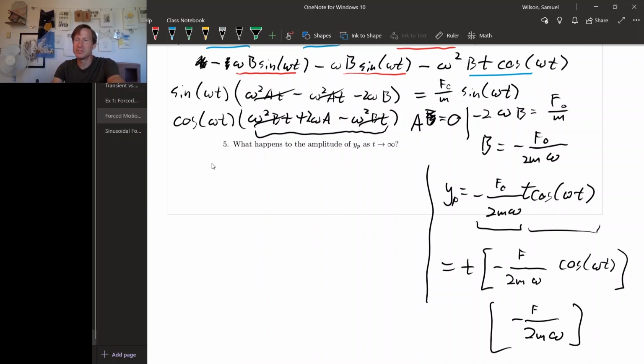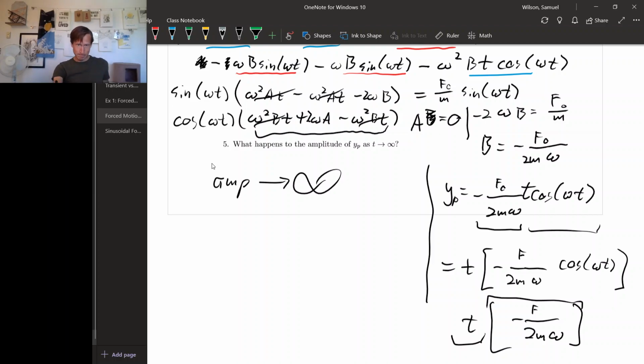So that's the amplitude of this cosine part, but it's getting multiplied by t. So as t goes to infinity, the amplitude of this particular solution goes to infinity, because the stuff in brackets is finite, the t is going to infinity, and so the whole thing is going to infinity. It does have a cosine, so it's really oscillating, but the amplitude of that oscillation goes to infinity.